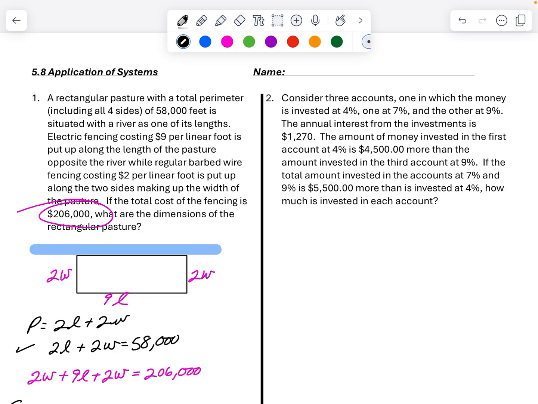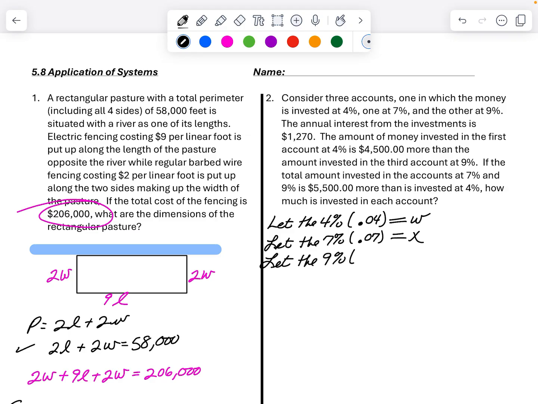We are going to let the 4% account, which as a decimal number would be 0.04, be assigned W. We're going to let the 7%, which as a decimal is 0.07, be X. And we're going to let the 9%, which as a decimal is 0.09, be Y. And it says that the interest after 1 year is $1,270.